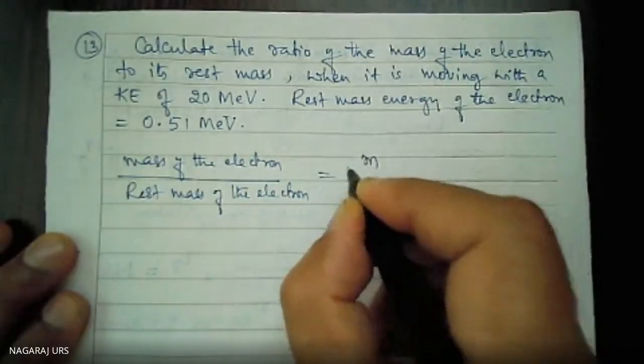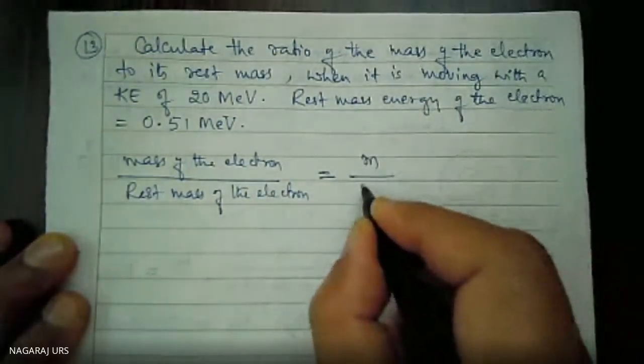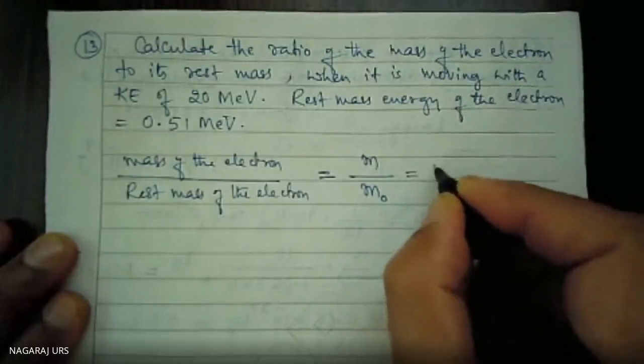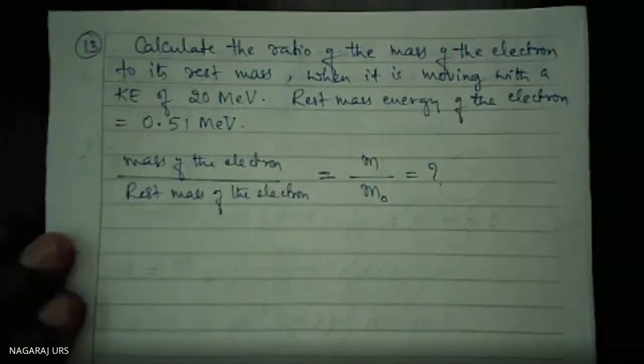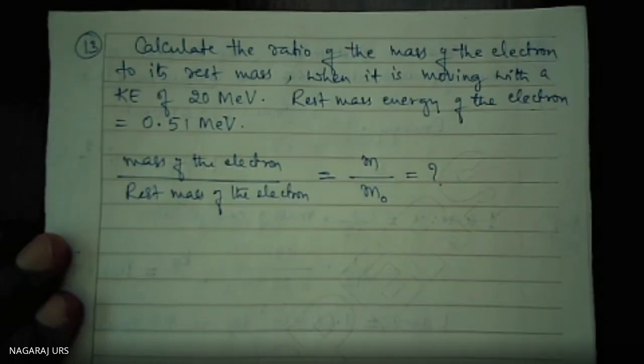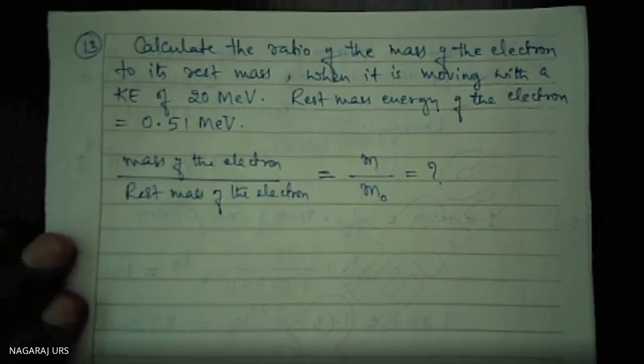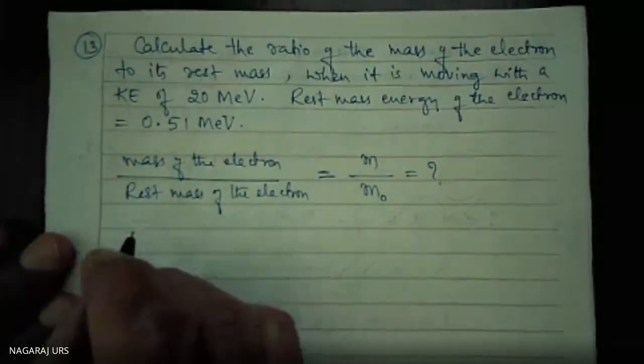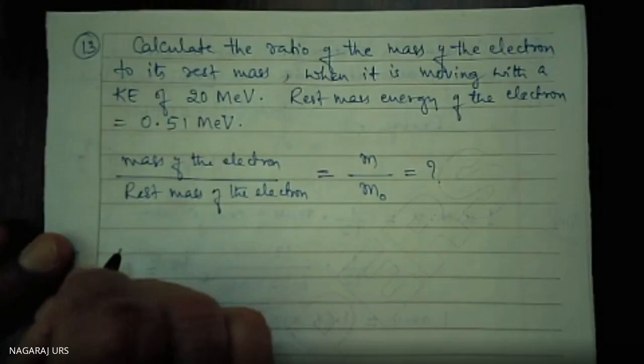Mass of the electron is m, rest mass of the electron is m naught, is equal to how much? That is to be determined. Okay, let us calculate.